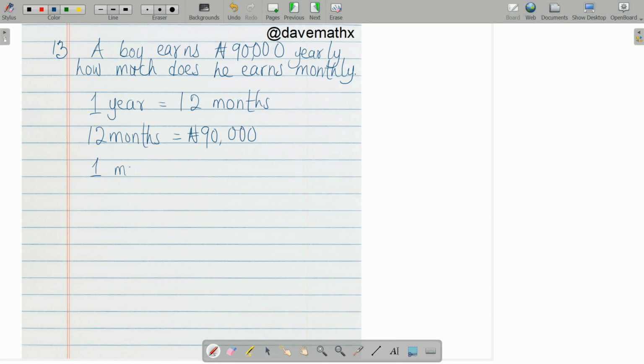To get the value of 1 month, we have to divide 90,000 by 12, since there are 12 months in a year. I will use the long division method to solve it.